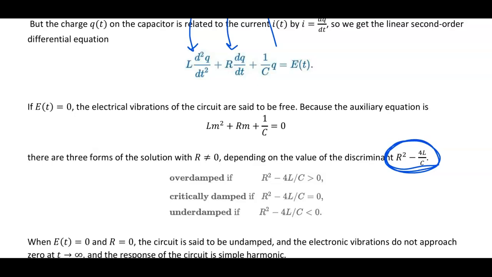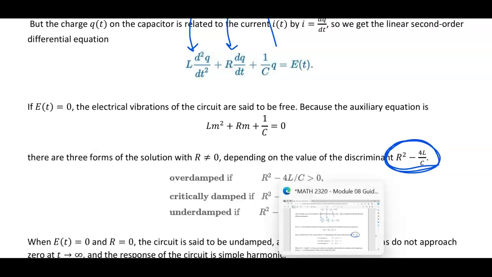If it's critically damped, then it's just equal to 0, so you would just have one solution, a repeated solution. And then if it's underdamped, then you are going to have complex solutions, okay?